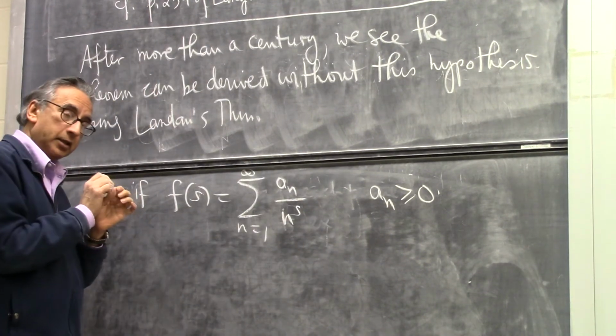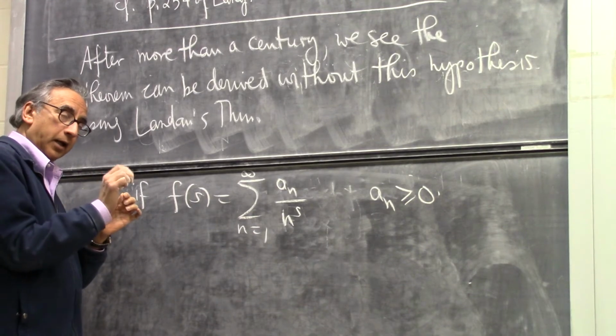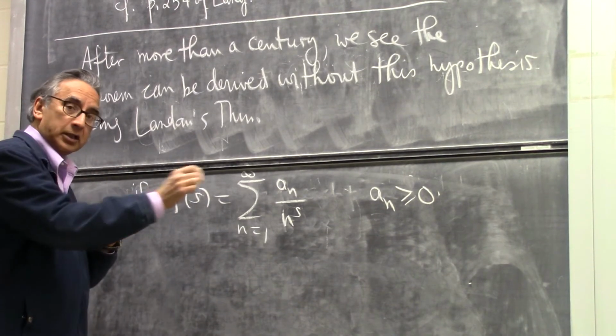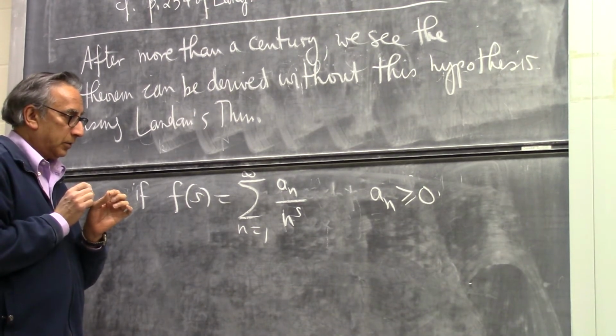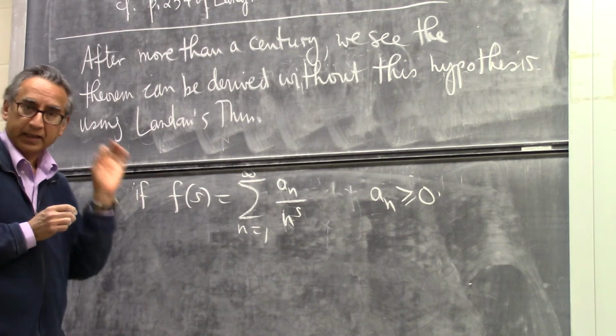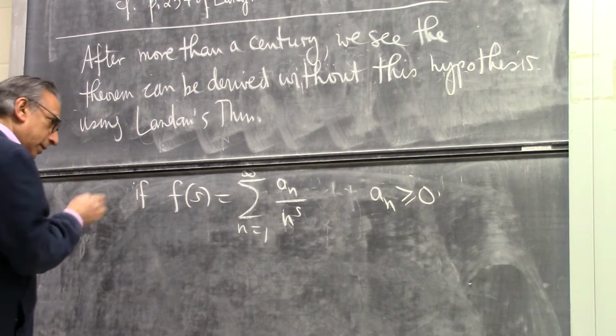That is the point on the real line to the right of which the Dirichlet series converges, and to the left of which, of course, the series diverges. So that's a typical critical point. It's called the abscissa of convergence.